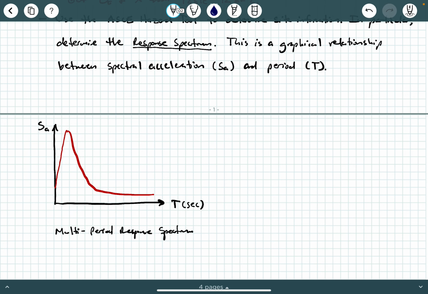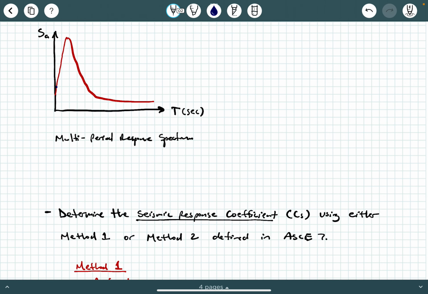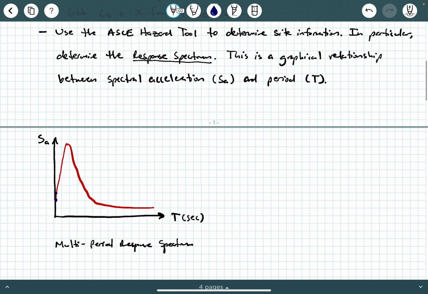So you're going to have a point here, here, and so on, okay? There are 22 points, by the way. I'm just sketching this really quickly.